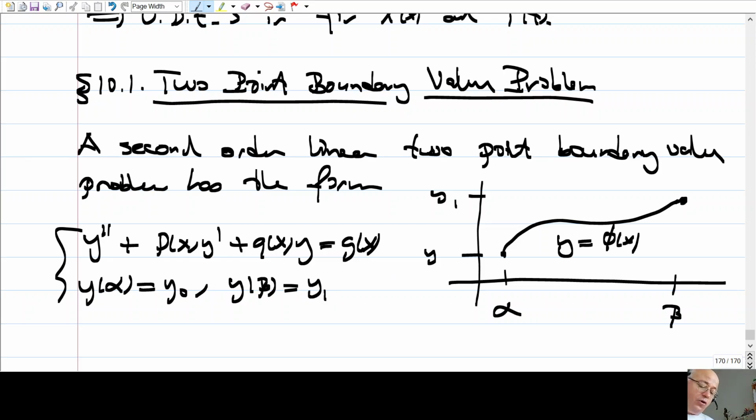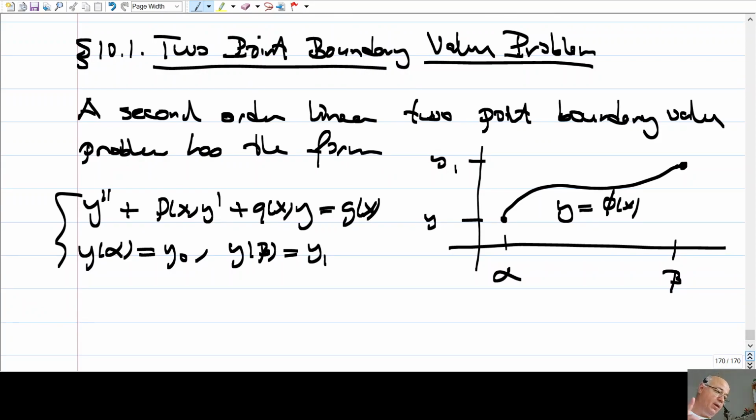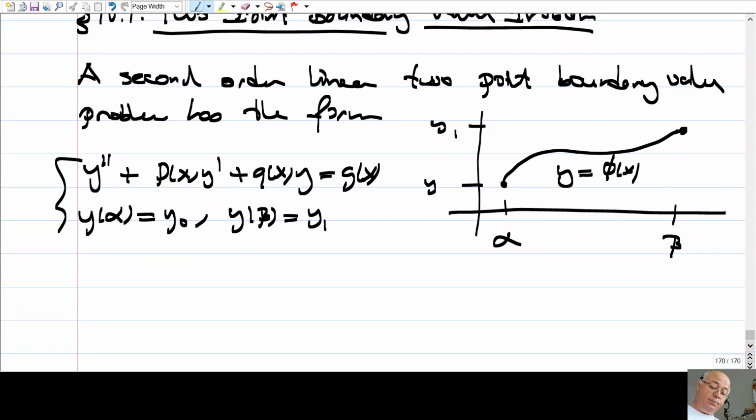So I look for solutions of this differential equation passing through these two points. That's why this is called a two-point boundary value problem.